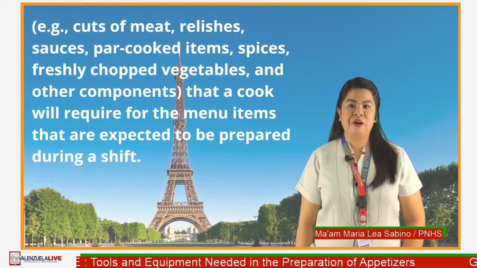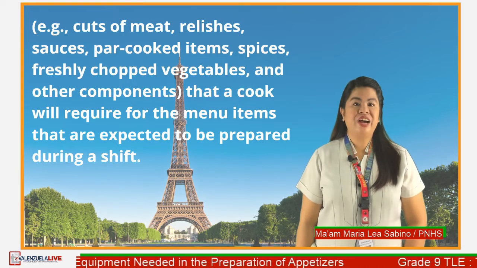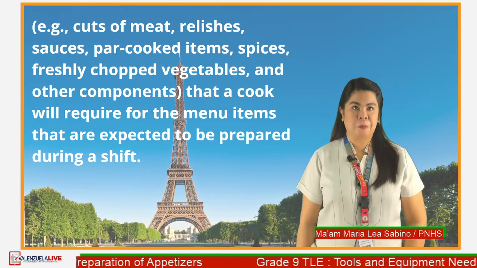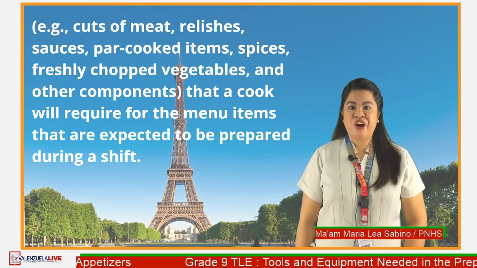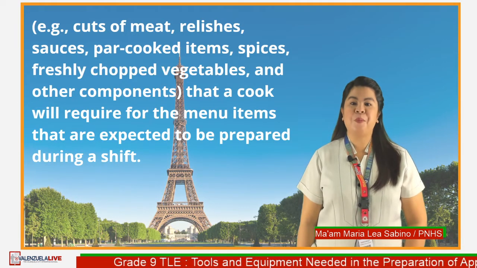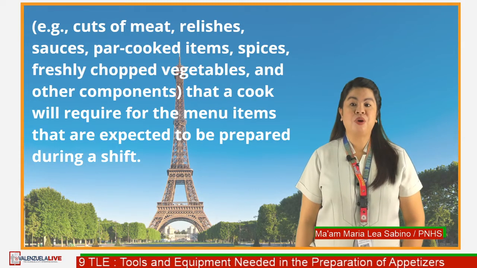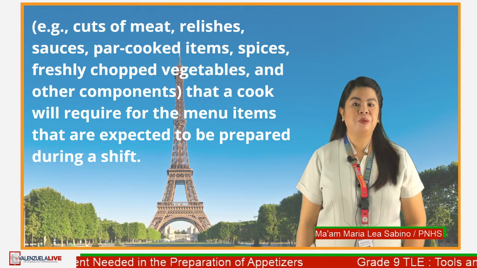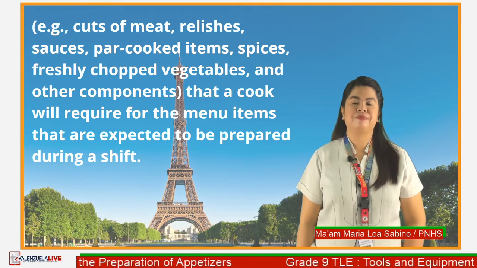For example, cuts of meat, relishes, sauces, par-cooked items, spices, freshly chopped vegetables, and other components that a cook will require for the menu items that are expected to be prepared during a shift.